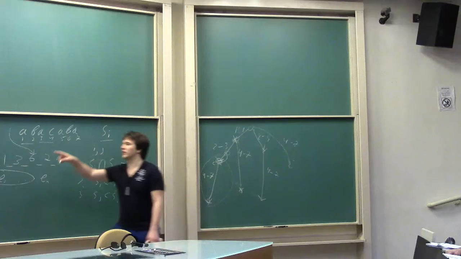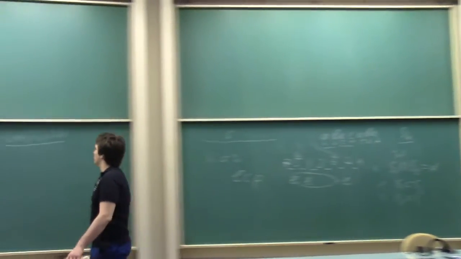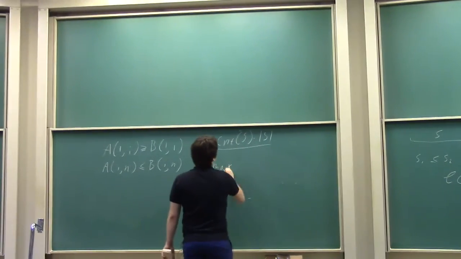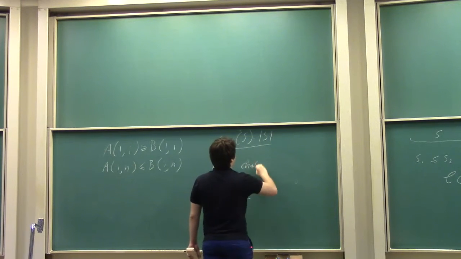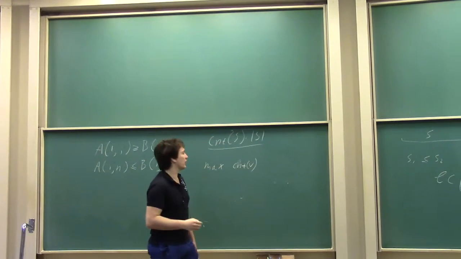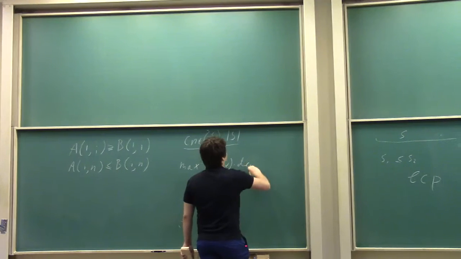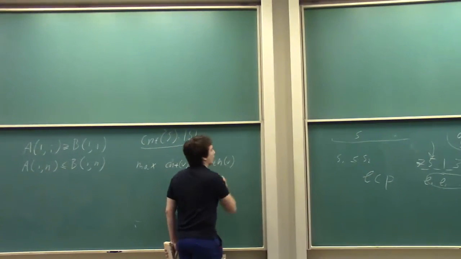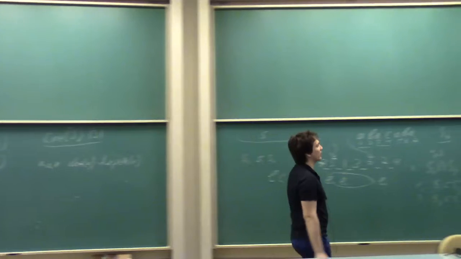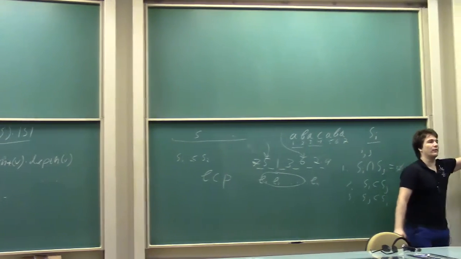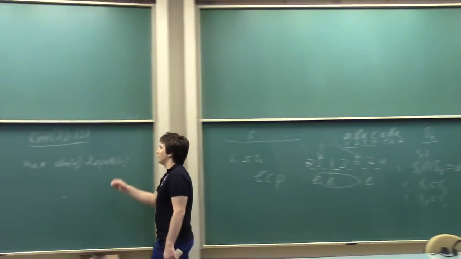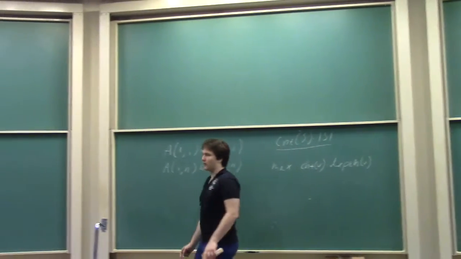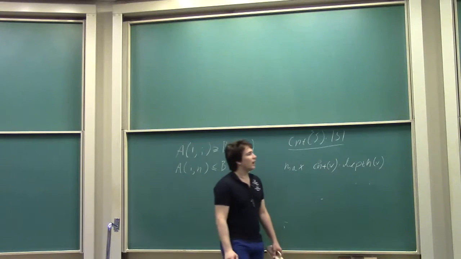So the answer is just the maximum value of CNT among all nodes of the suffix tree, where CNT is the number of suffixes in the subtree multiplied by the depth of the node. When I count depth, of course, I count the total length of all edges, not the number of them. So that's it. This is how you solve the problem using suffix tree.